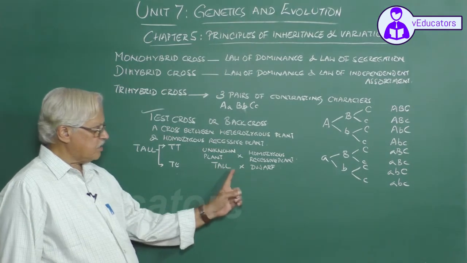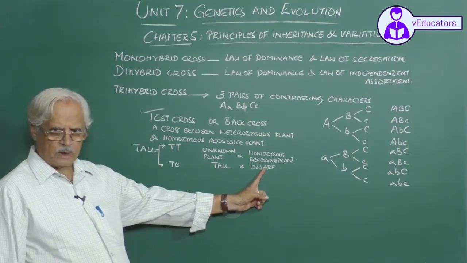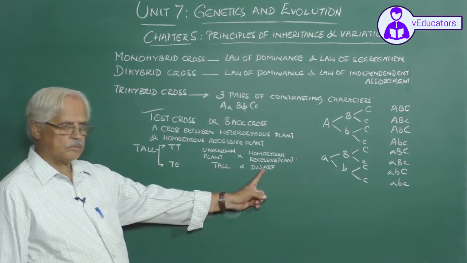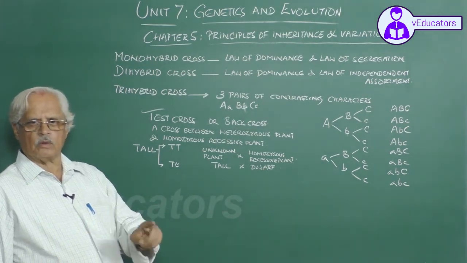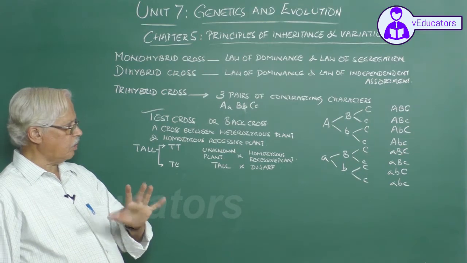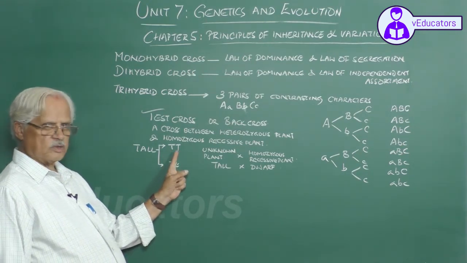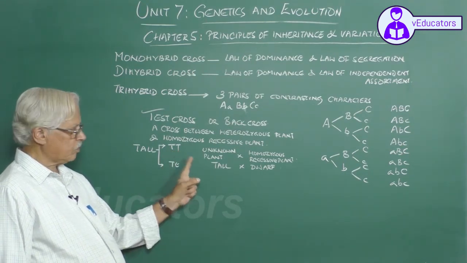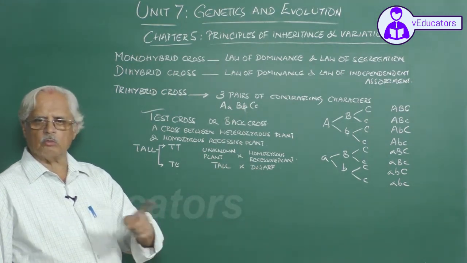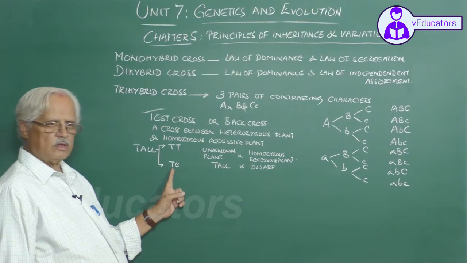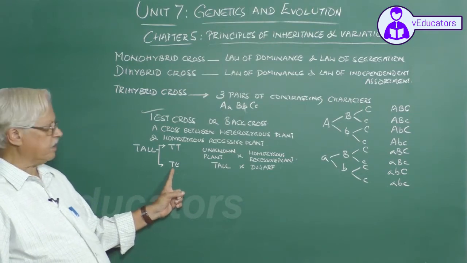When a tall plant is crossed with a dwarf plant, in the next generation, if you get all tall plants, it is a homozygous plant. If you get tall and dwarf plants in the ratio 1:1, it is a heterozygous tall plant.